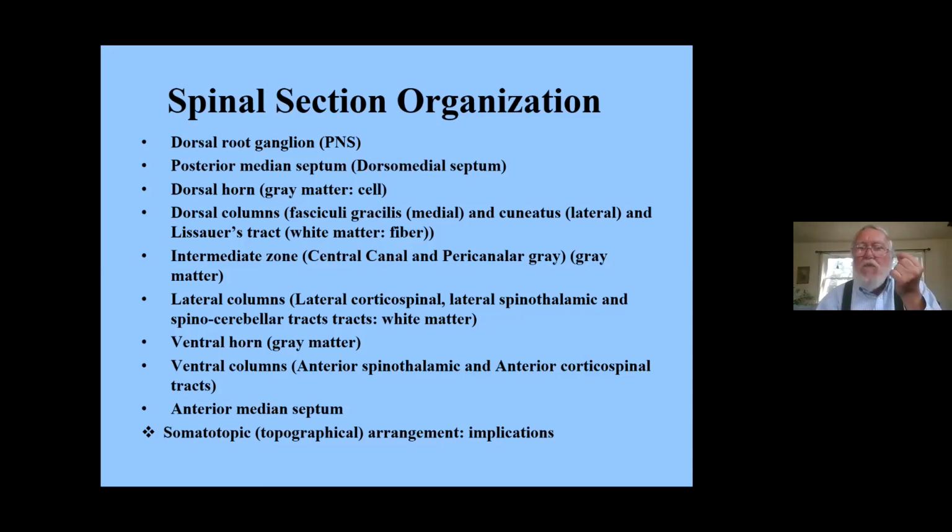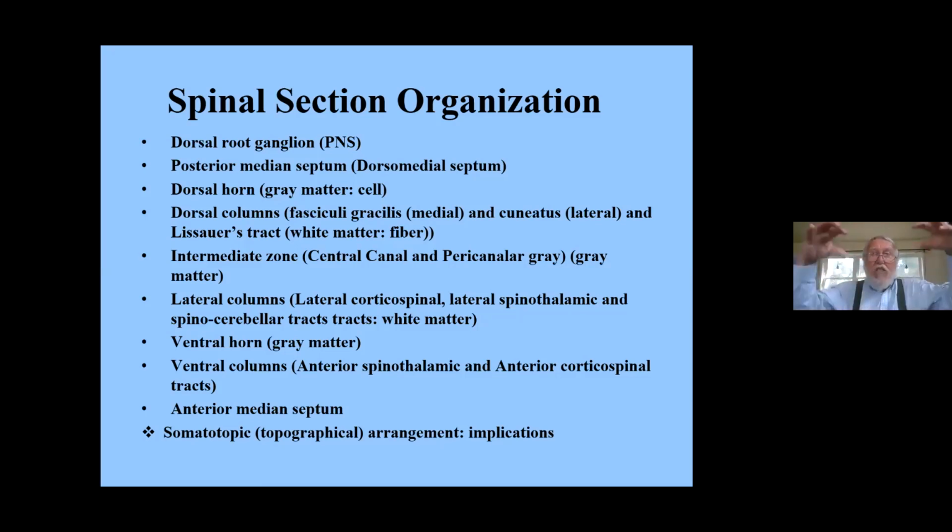It's spino-spino communication. So Lissauer's tract is communicating among different levels of the spinal cord, up a few segments and down a few segments, okay? And we'll talk more about that.